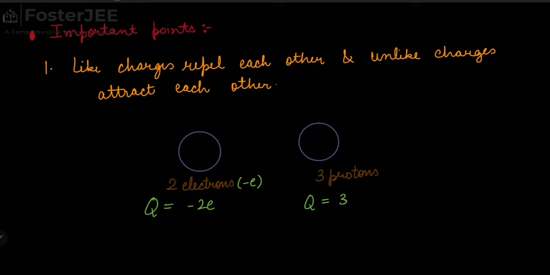That will be 3 times E, because the charge on a proton is plus E. Now, since both these bodies have unlike charge, that is, one is positive charge and the other is negative charge, these bodies attract each other.